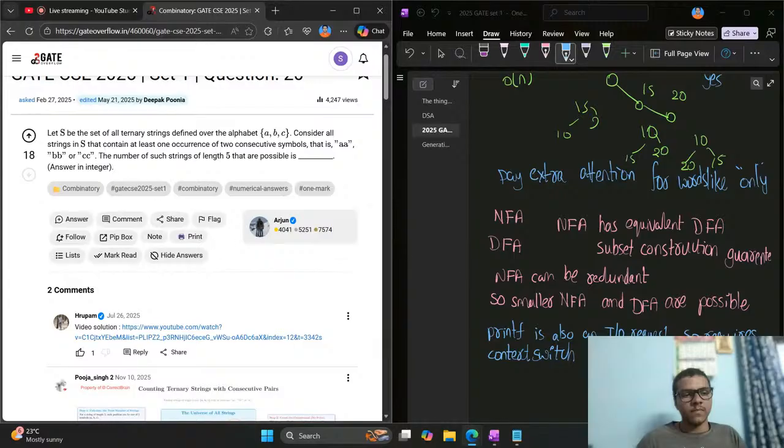Consider all as combinatorics. How about we check the total possible combinations? Does order matter or does order not matter? 5P3 minus the ones that do not have an occurrence of at least 2.